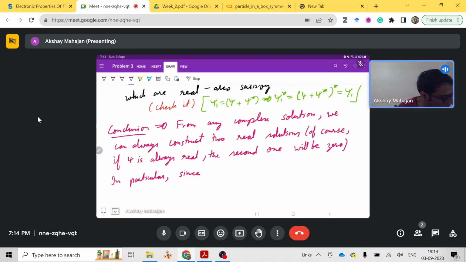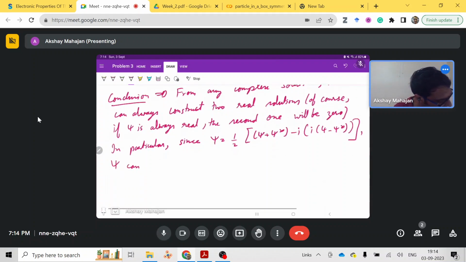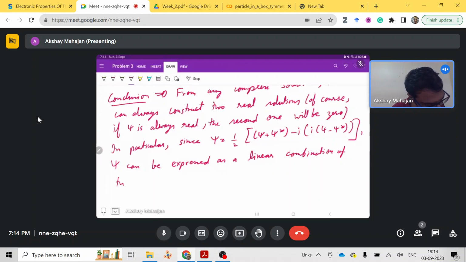since psi is equal to half of (psi plus psi star) minus iota times (iota psi minus psi star), psi can be expressed as a linear combination of two real solutions, even if psi is complex.